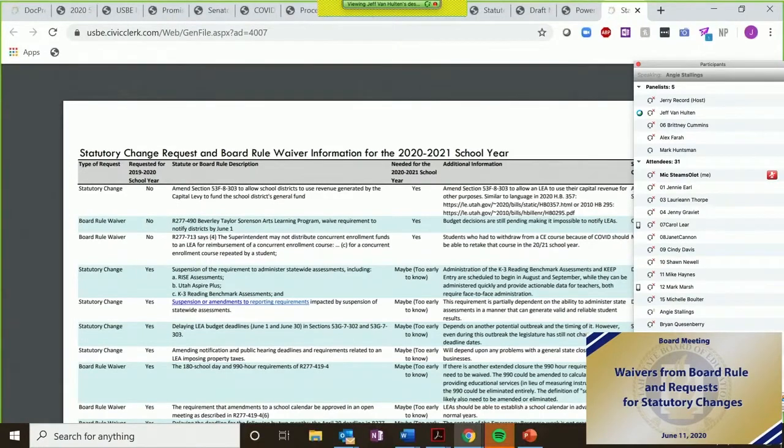And during the 2010 recession, during the 2011-12 and 2012-13 school years, the legislature previously allowed school districts to use the revenue collected from their capital levy for maintenance and operation purposes or for general fund purposes. And we've had a request, Deputy Superintendent Scott Jones and I, to join the legislature's Revenue and Taxation Interim Committee next Wednesday.